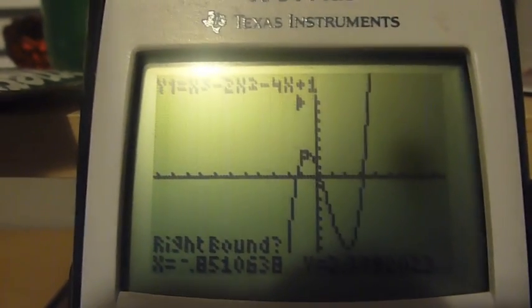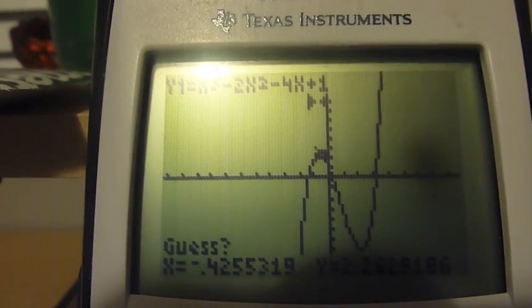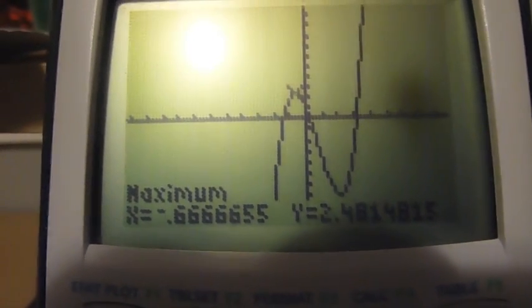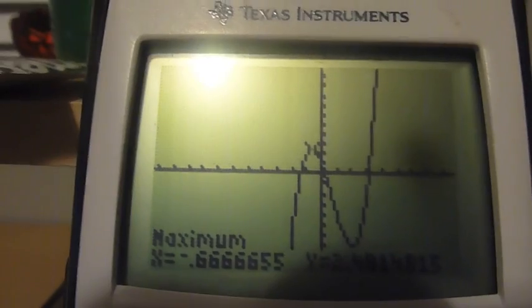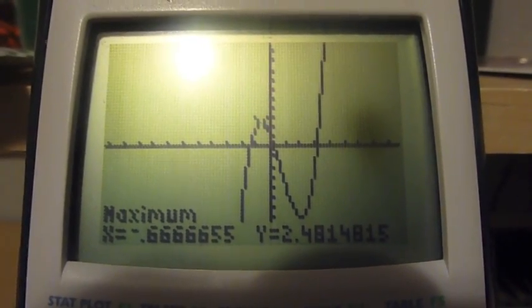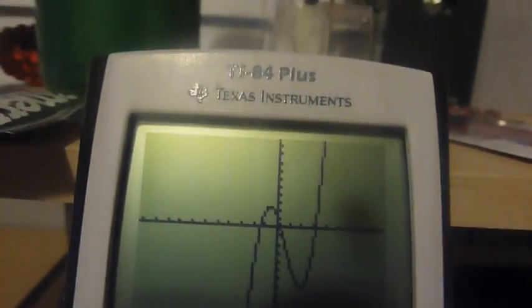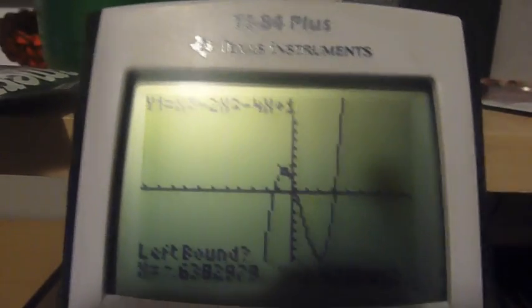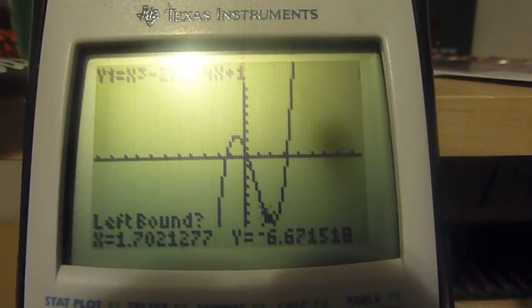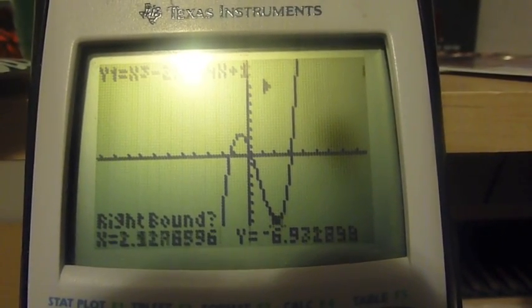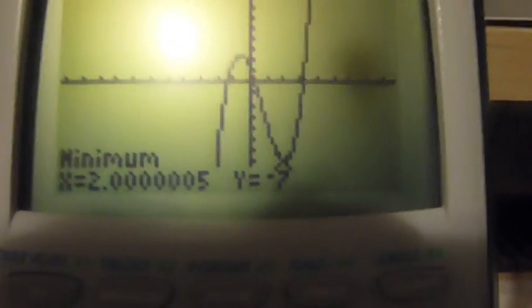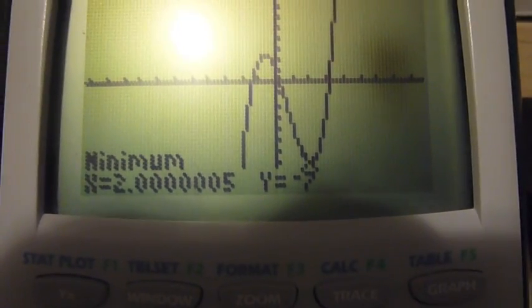Our left bound point, our right bound point, guess on that, and that would be our absolute maximum. Now to find our minimum, just clear this. Second trace down to 3, go all the way here, get a left bound point and a right bound point, enter, and that would be our minimum.